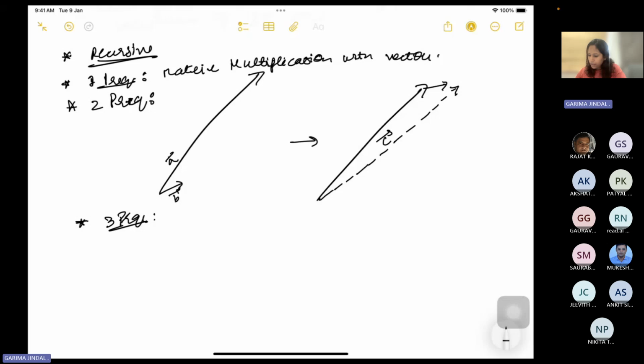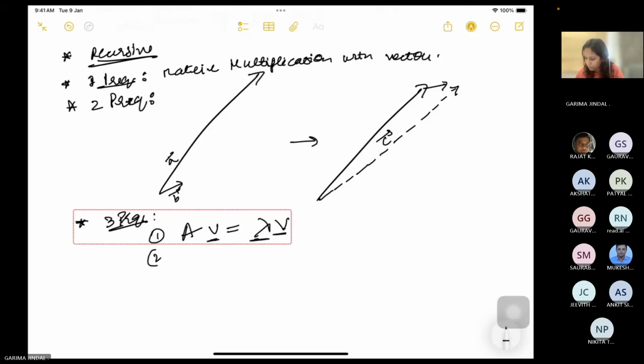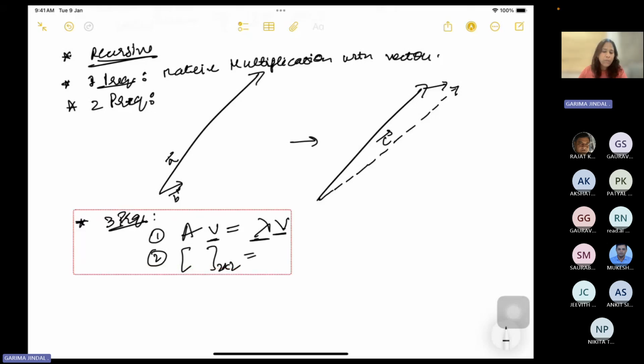You know that the eigenvector formula is AV equals lambda V, where V is the eigenvector and lambda is the eigenvalue. Now if I have a matrix A of size 2 cross 2, then can anybody tell me how many eigenvectors we can have?